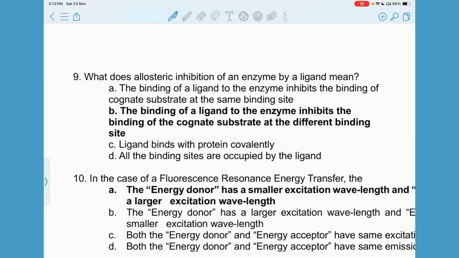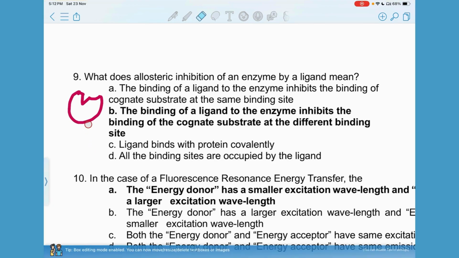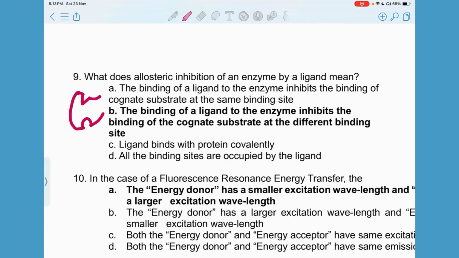What does allosteric inhibition of an enzyme by a ligand mean? So let's go with the options. The binding of ligand to the enzyme inhibits the binding of the cognate substrate at the same binding site. So no. In the case of allosteric inhibition, we draw like here is your enzyme binding, and somewhere here there is an allosteric inhibitor.